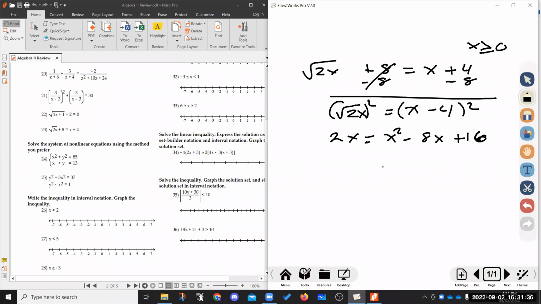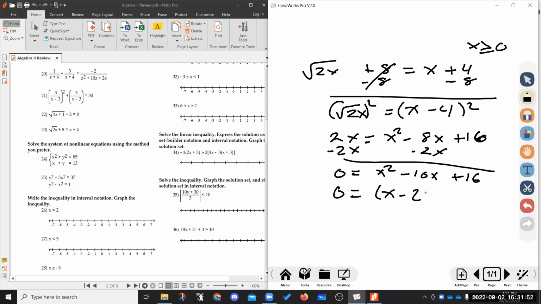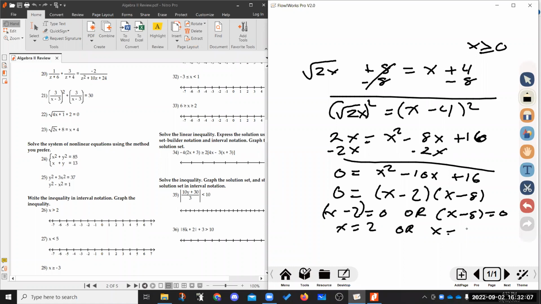I'm going to subtract the 2x here. We're going to get 0 is equal to x squared minus 10x plus 16. Factors of 16 that add to be 10 are going to be 2 and 8. It's x minus 2 and x minus 8. So x minus 2 equals 0, or x minus 8 equals 0, x equals 2, or x equals 8.